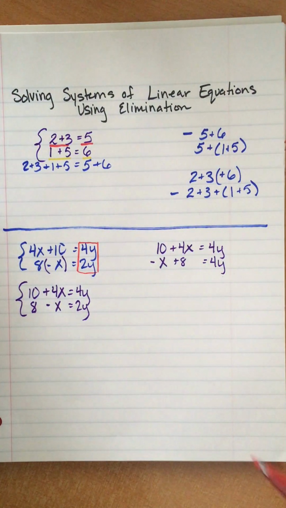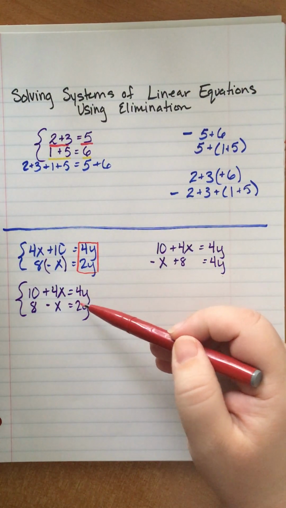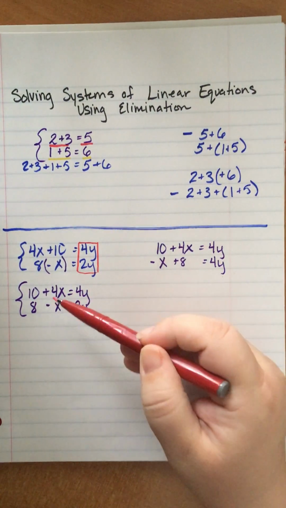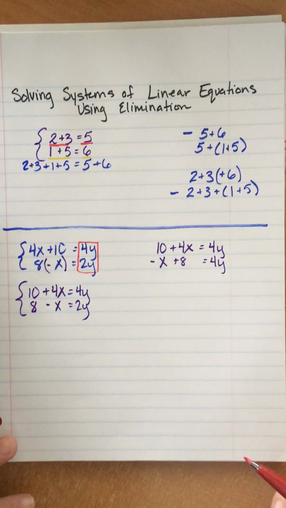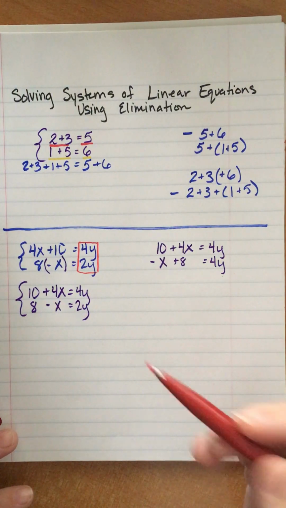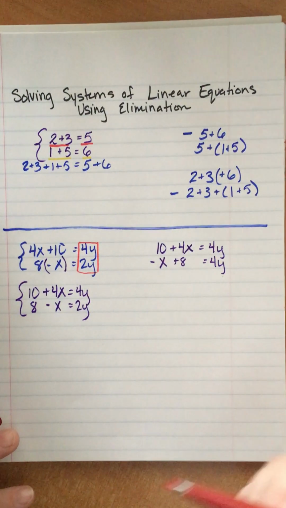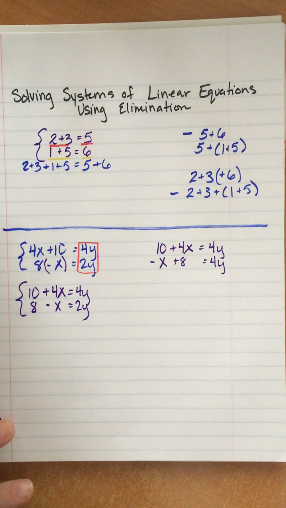So you would notice I don't have any coefficients that are exactly the same. Here I've got 4 and 2. Here I've got 4 and negative 1. But I do have to be able to change one of the equations to make sure that they have a matching coefficient, or at least that the numerical value is matching even if the signs don't match.